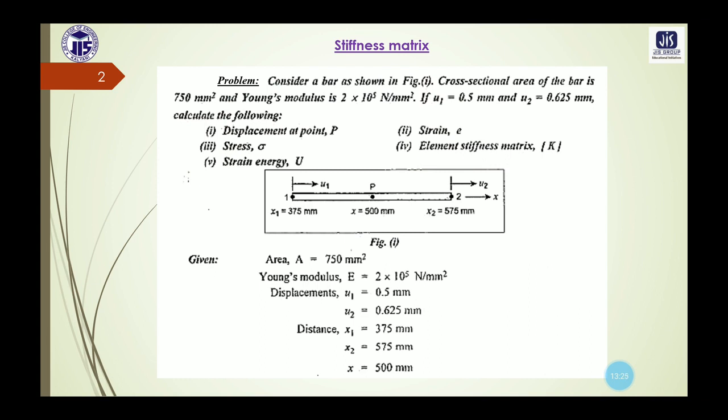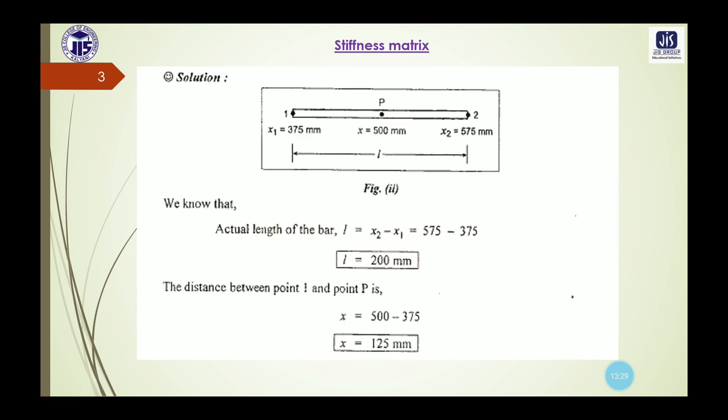So for the first part of the numerical, to calculate the displacement, we have first calculated the actual length of the bar. The formula for the actual length of the bar is L equals x2 minus x1. The values of x2 and x1 were given in the diagram of this numerical, and these are 575 and 375.